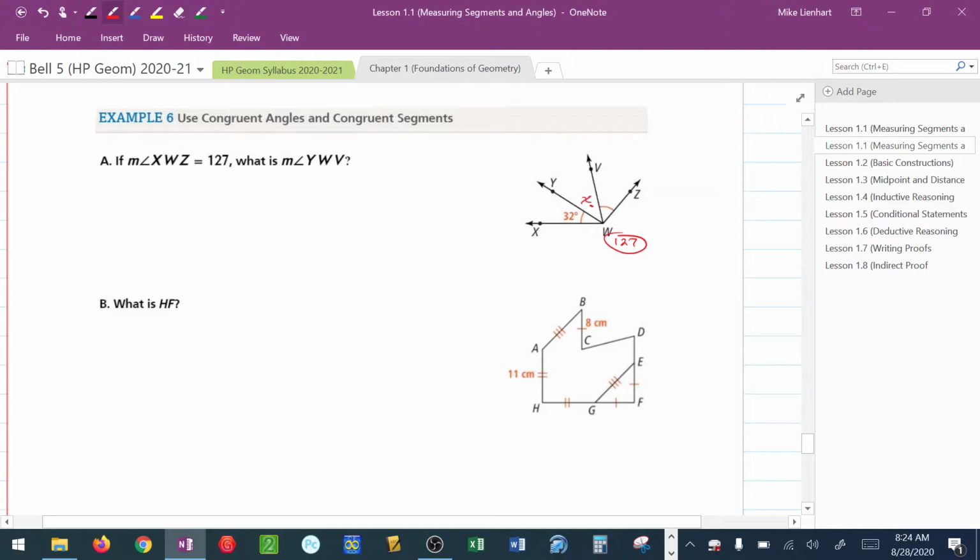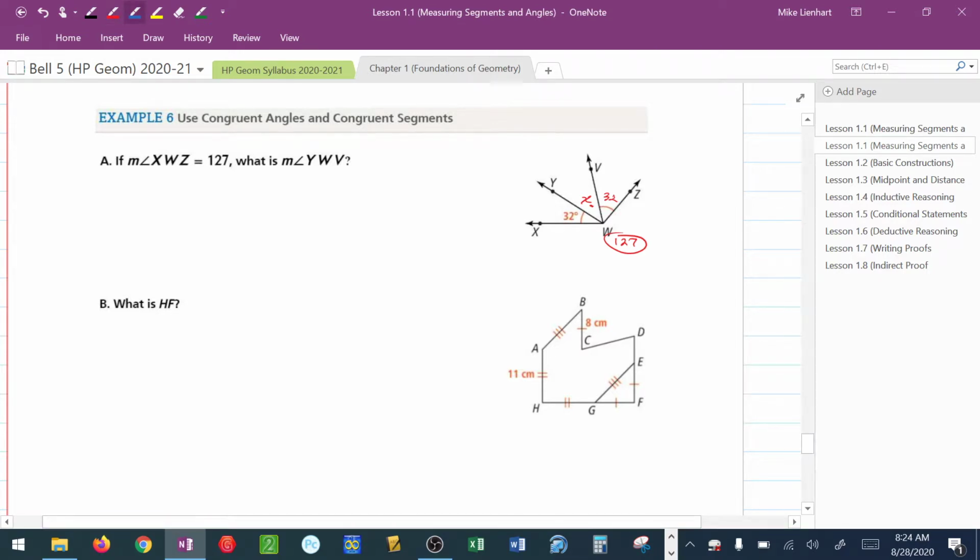I'm going to call that X. Now, I notice here that I have an arc mark here and an arc mark here. That's telling me because this angle is 32, then this angle has to be 32. I see angle addition. Instead of having two little angles, we have three.